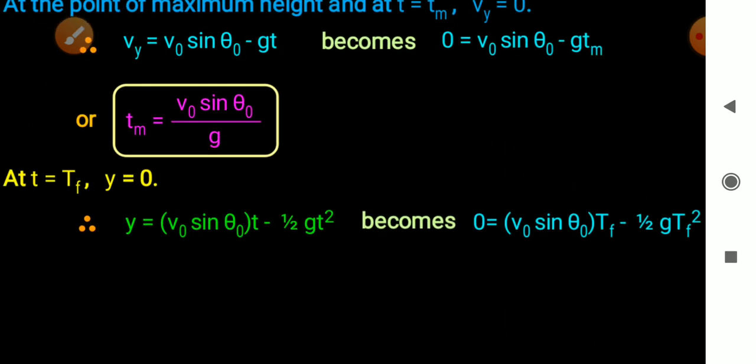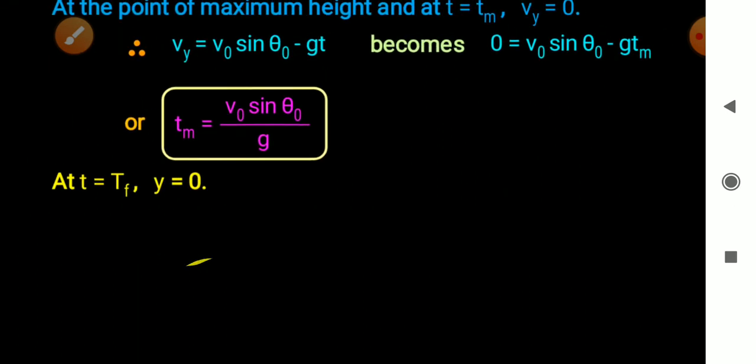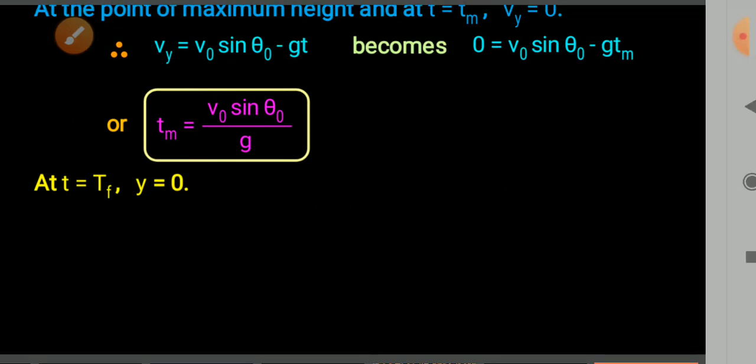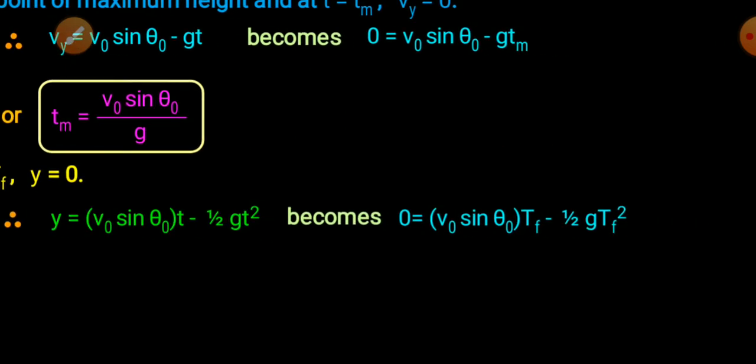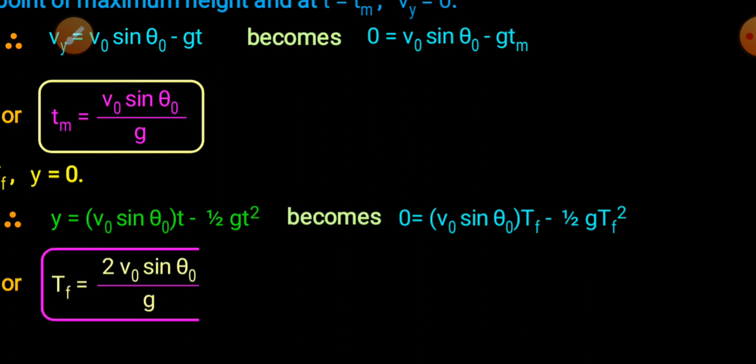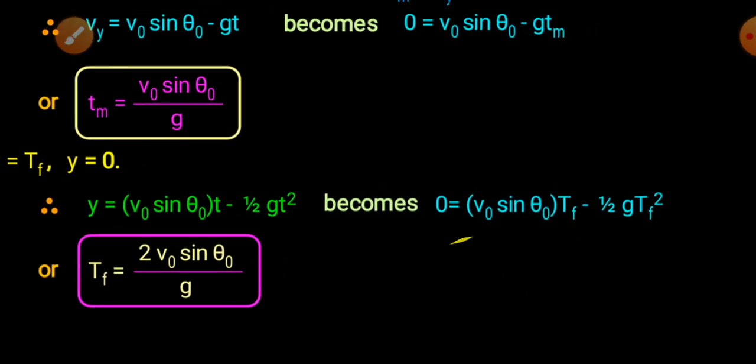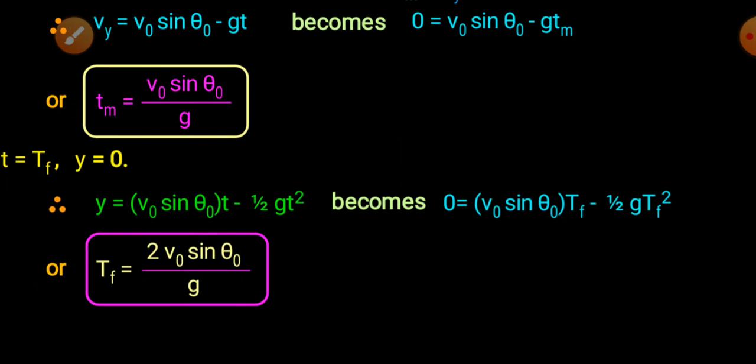Put the value y equal to 0 in this equation, right? So this equation becomes v naught sin theta naught into tf minus half g tf square equal to 0. So from this equation we can write tf equal to 2 v naught sin theta naught upon g. This is the time of flight.